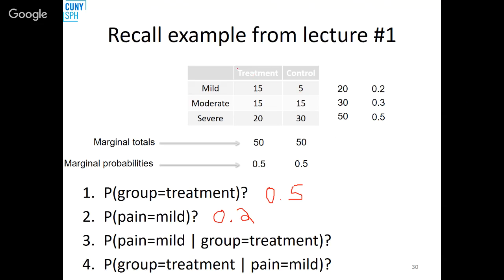Okay, there's the treatment column. So it's conditional on being in the treatment group, which means we're only going to look at this column. And the probability of experiencing mild pain is 15 out of 50, so 0.3.